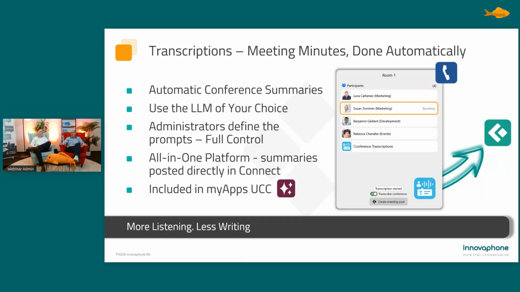How does it work? We have a connector to an AI system, and this connector is simply open. So you can decide which AI system, which AI model, which large language model, LLM, you want to connect to our feature, to our UI. And why is it important to handle it that way?